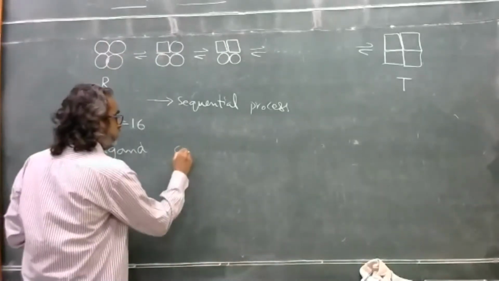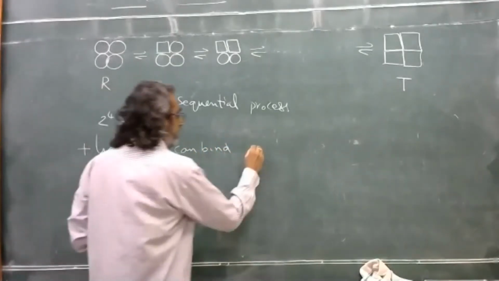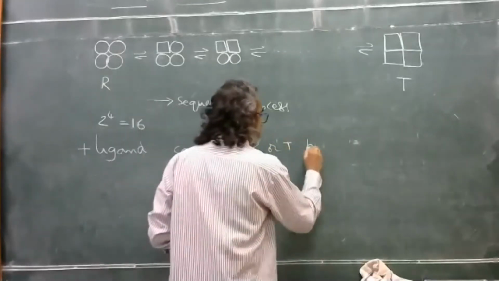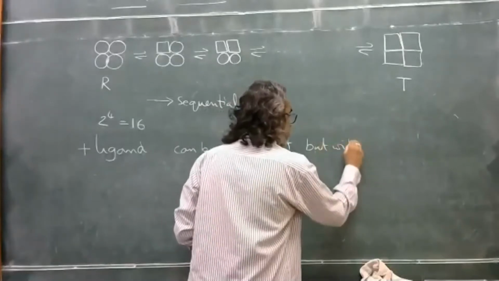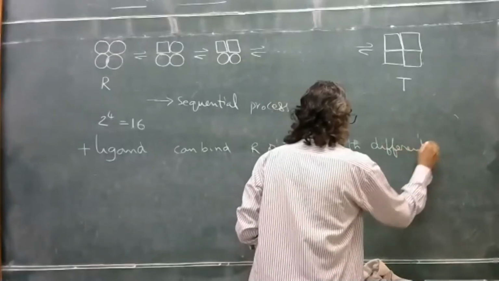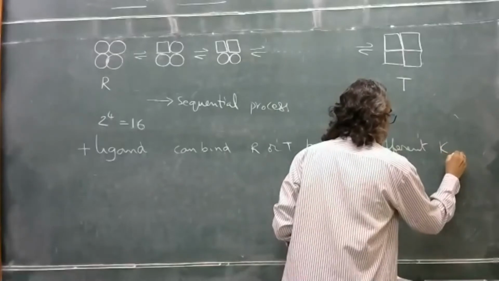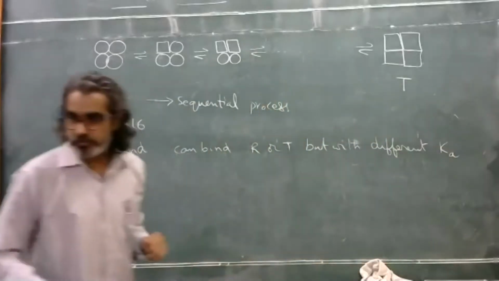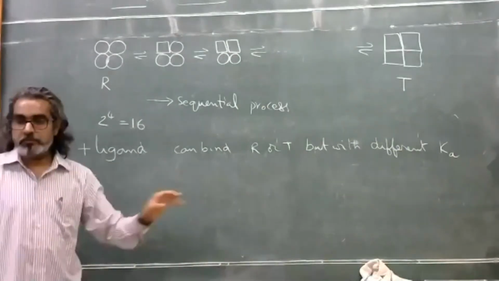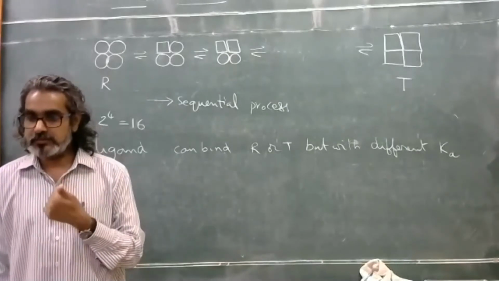Ligands can bind R and T, but with different binding capacities, different binding strength, let's say different K. Ligand can bind both states, but it preferentially binds one state over the other.